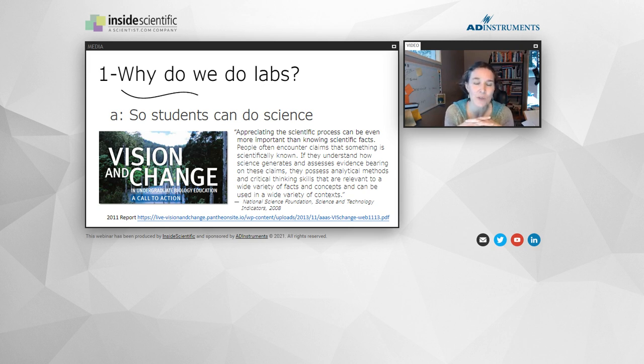Appreciating the scientific process can be even more important than knowing scientific facts. People often encounter claims that something is scientifically known if they understand how science generates and assesses evidence bearing on these claims. They possess analytical methods and critical thinking skills that are relevant to a wide variety of facts and concepts and can be used in a wide variety of contexts.